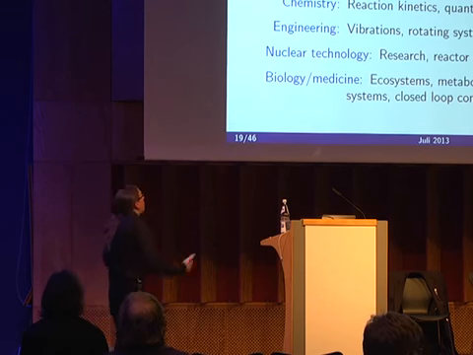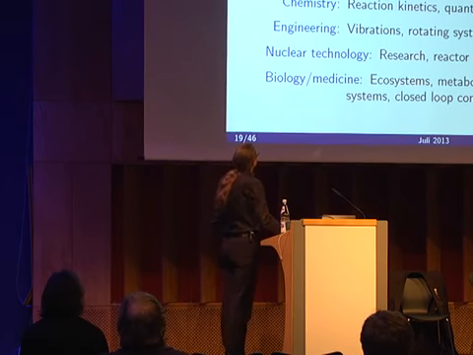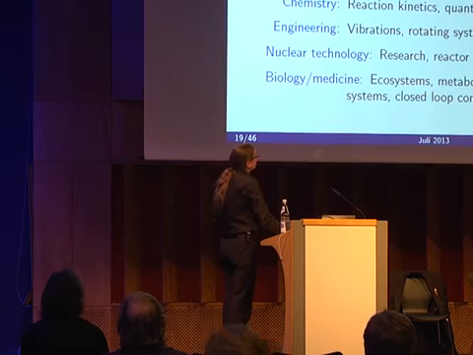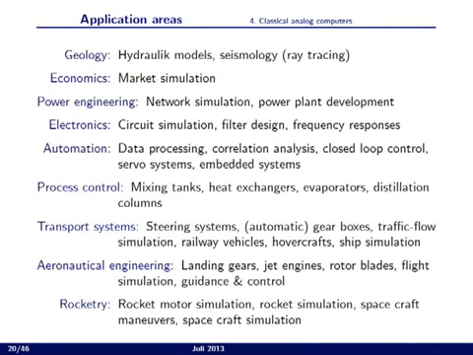Nuclear technology, of course, you want to simulate a reactor before something goes wrong. Biology, medicine, ecosystems, metabolism research, there are some scary stories from the former German Democratic Republic about metabolism research in athletes, really scary stories. Geology, economics, market simulations.